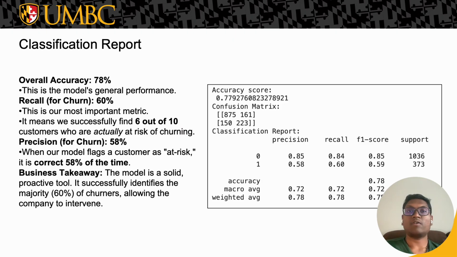Next, our precision is 0.58 or 58%. This means that when our model flags a customer as at risk, it is correct 58% of the time.